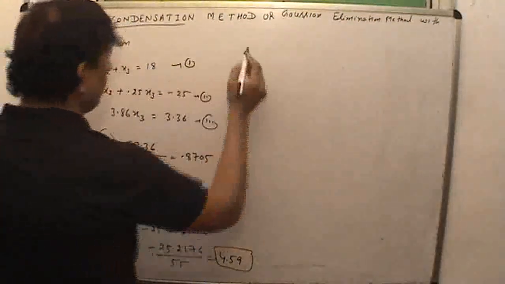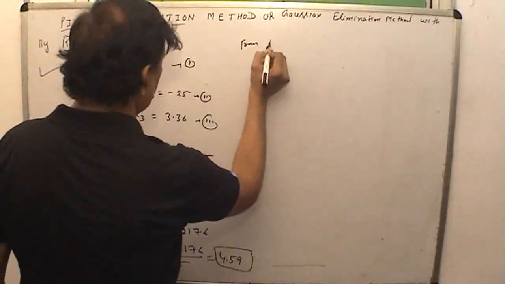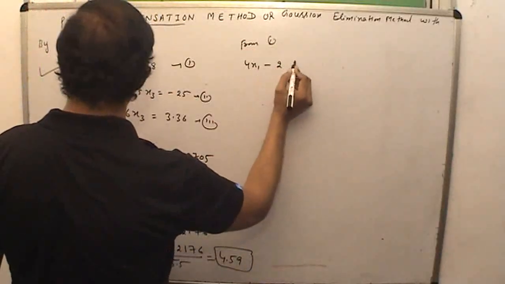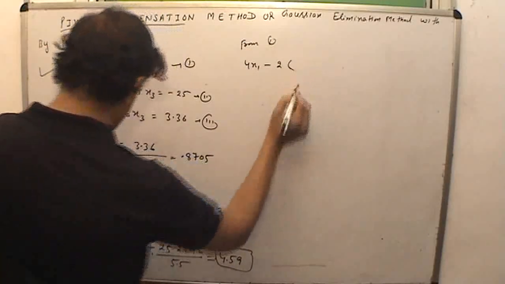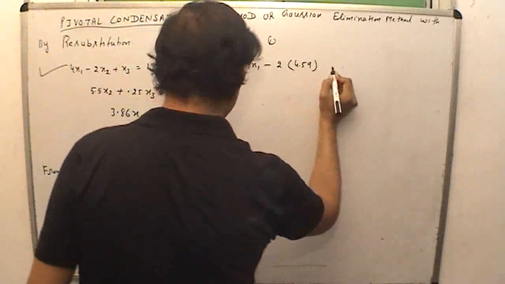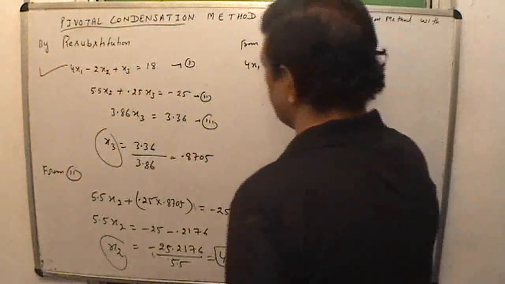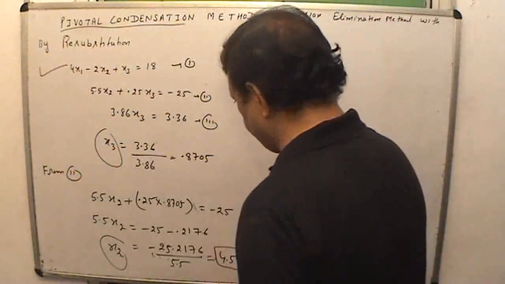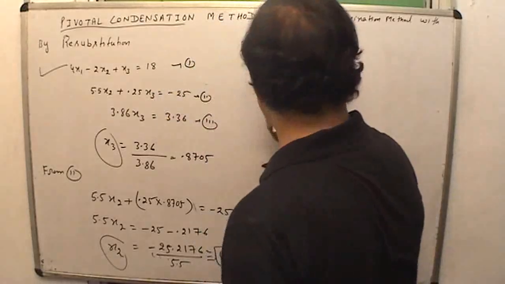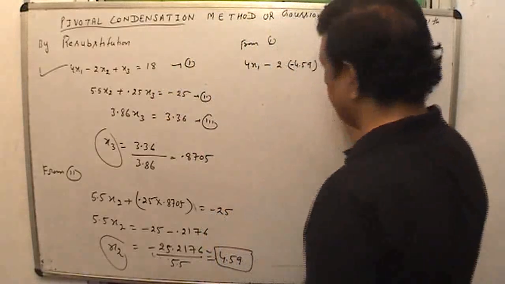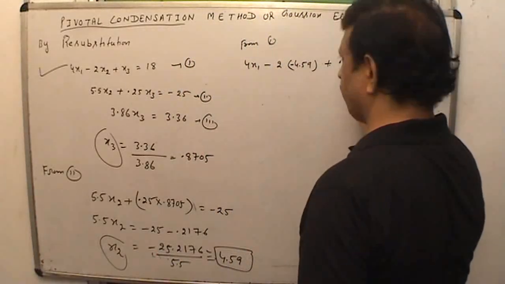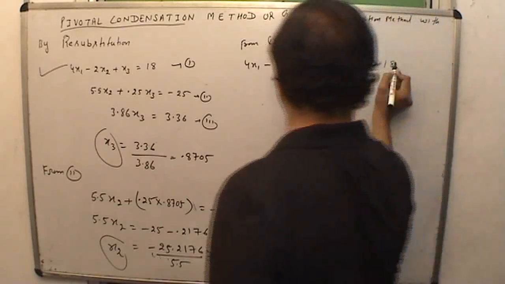Here from 1 we get 4x1 minus 2 times x2, x2 meaning minus 4.59, plus x3, and x3 is equal to 0.8705, is equal to 18.